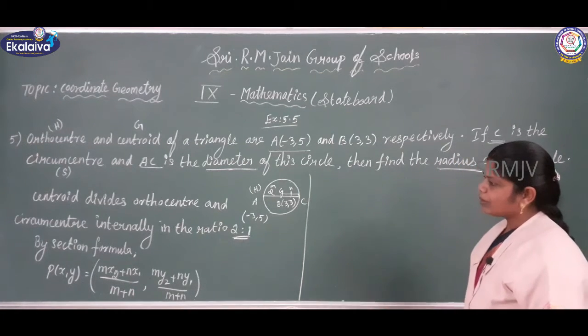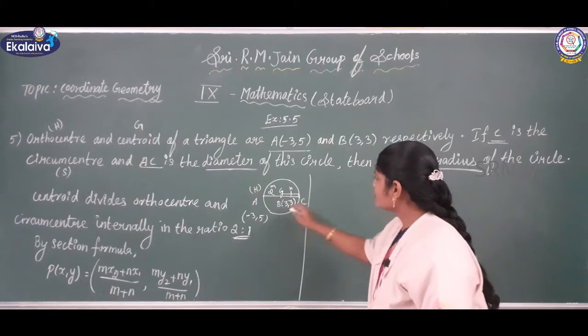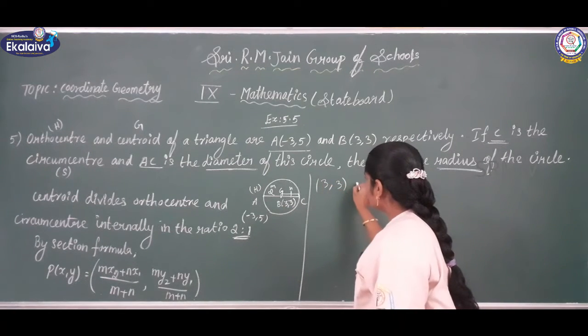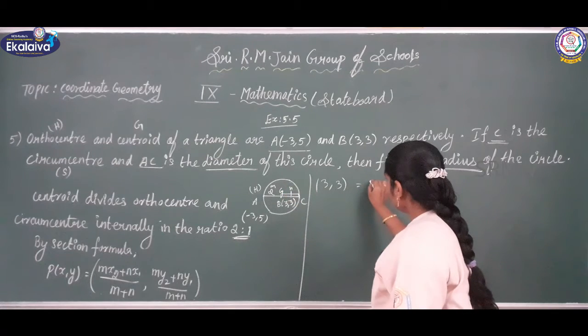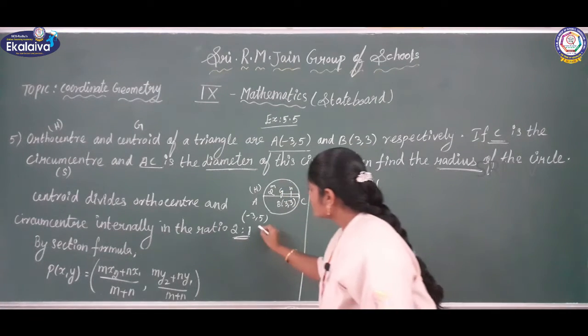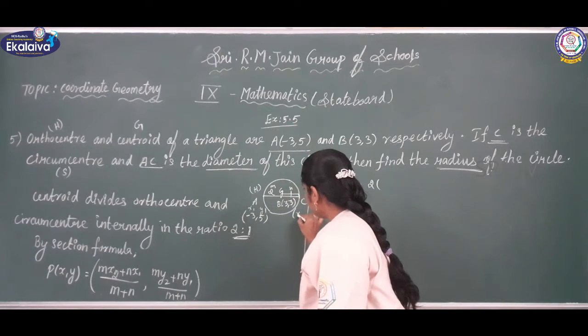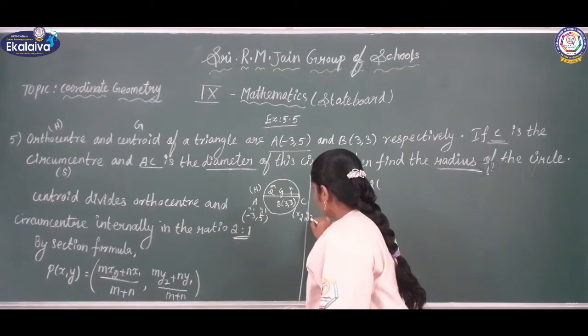Here is P of x comma y, that is B of 3, 3, equal to m is 2. This is x1 y1 and C you take as x2 y2.